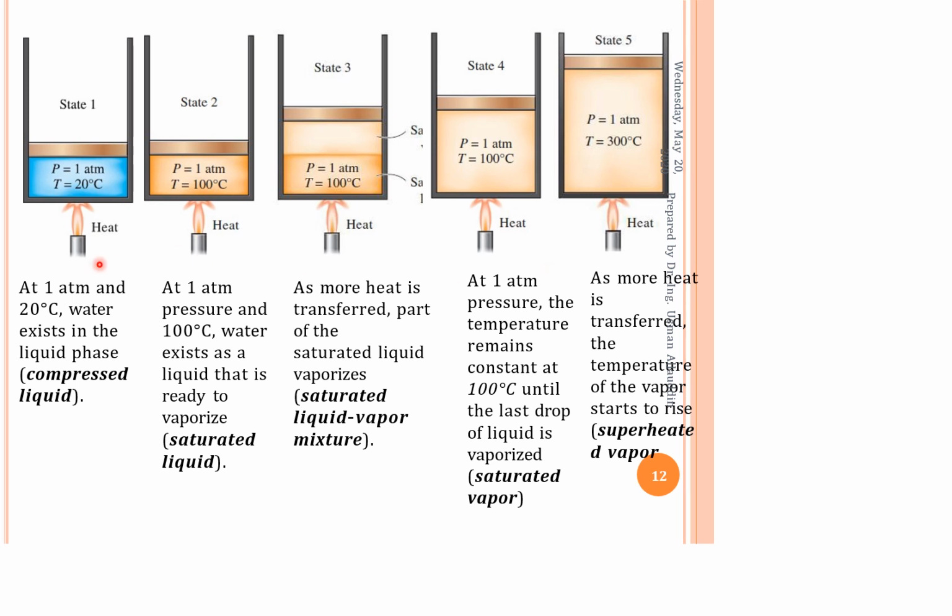At the start we have 1 atm pressure and the temperature is 20 degrees Celsius. This is the start of our process, and our water is in liquid phase, which is also called compressed liquid. We increased our temperature to 100 degrees Celsius, and our water exists as liquid that is ready to vaporize, which will be called saturated liquid.